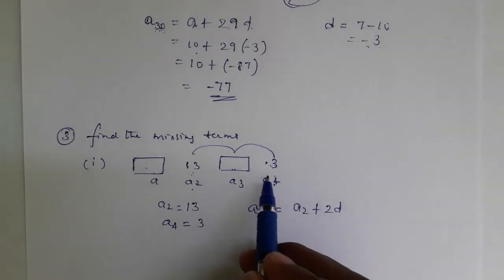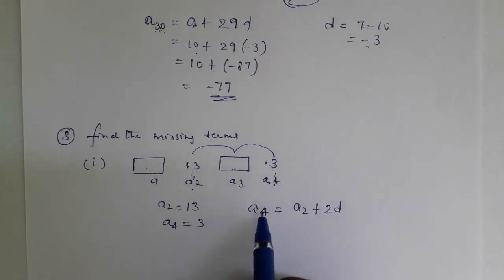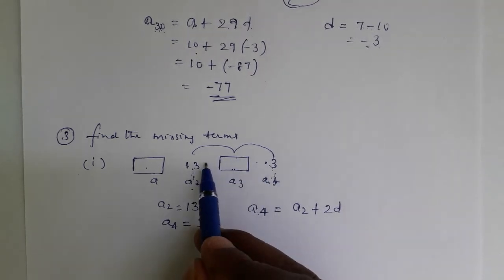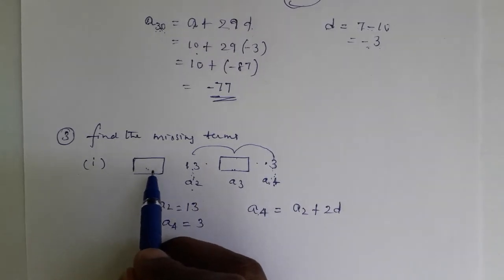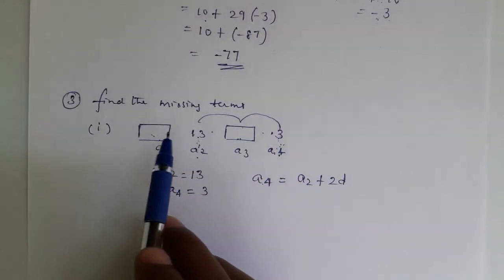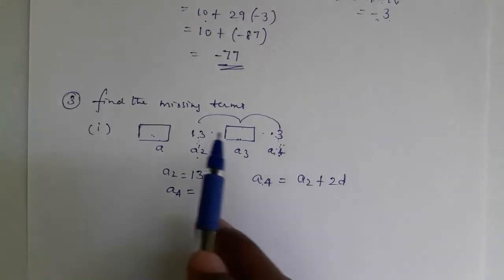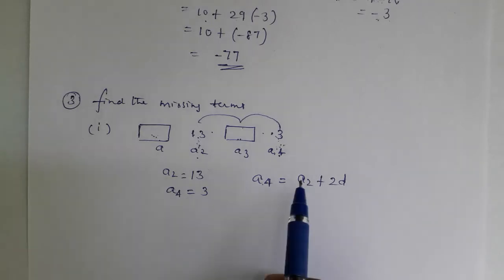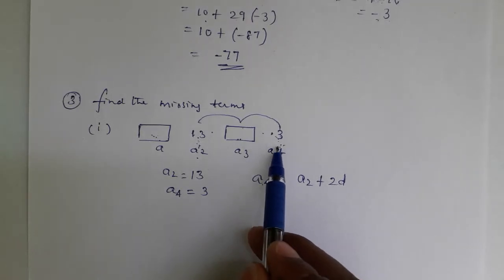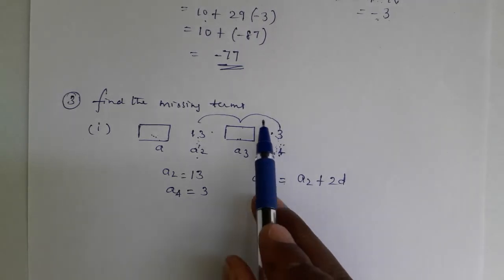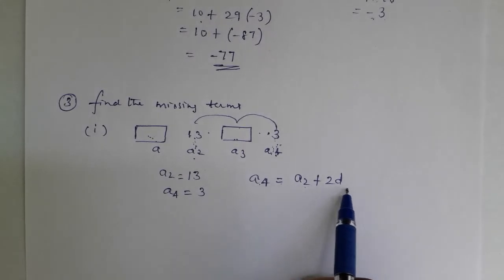Which are known, you relate them: A4 and A2 we know, so let us relate them to get D. Usually we go to the first term, since all position terms connect to the first term, but in this problem the first term is unknown. That's why I connect the fourth term to the second term: A4 goes to A2 by taking 2 jumps, 2D.